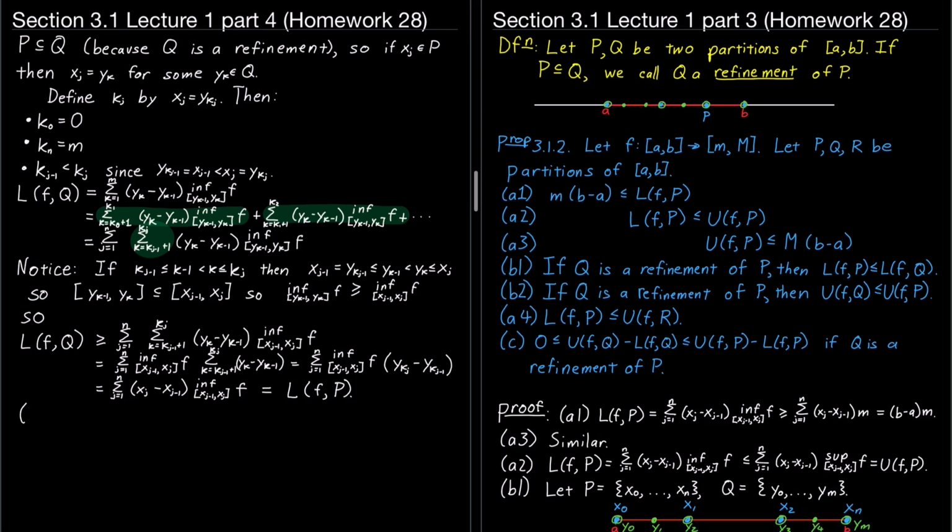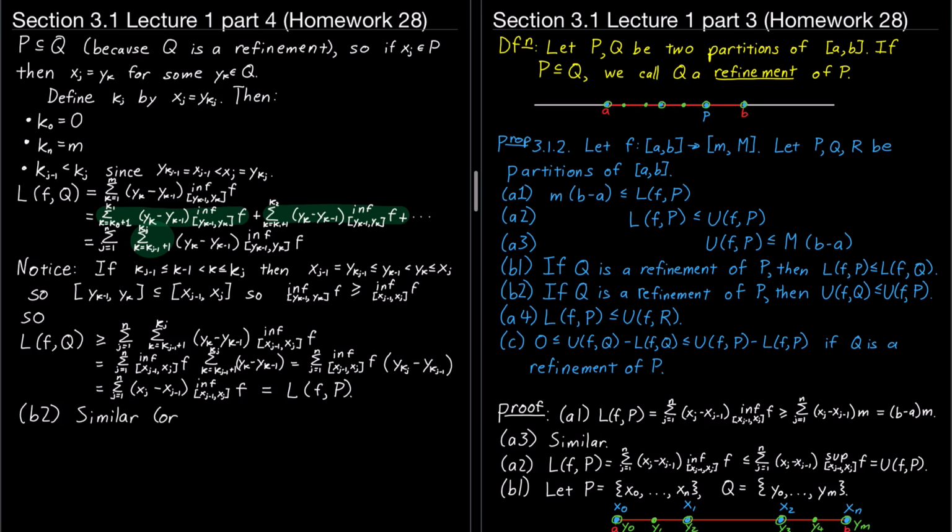Part B2 is a very similar argument. Or you can go through the similar argument and you'll prove that a supremum over a bigger set is bigger than the supremum over a smaller set.